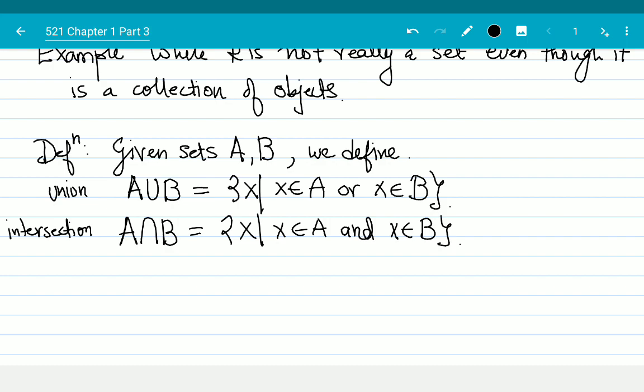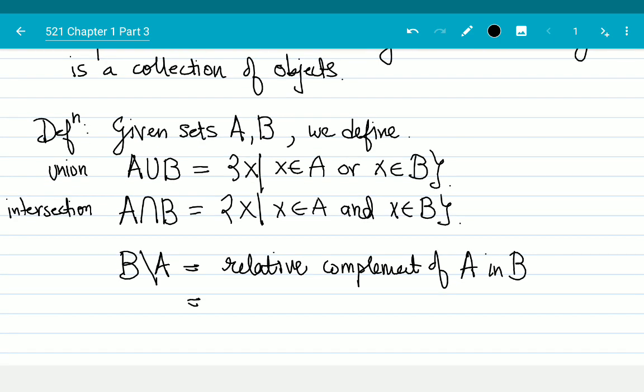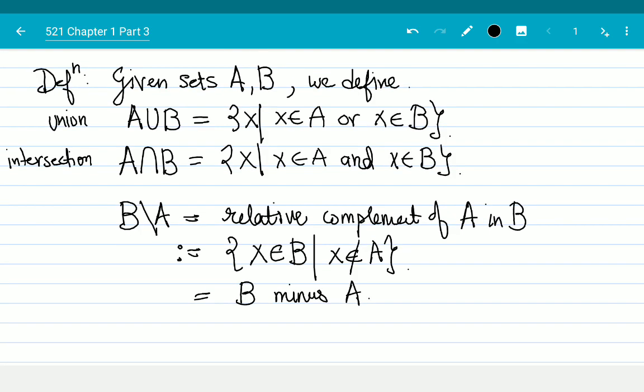Further, we define the relative complement, B minus A, the relative complement of A in B, to be equal to X in B such that X is not in A. Okay, so this is also sometimes read as set B minus set A. This is the formal definition.